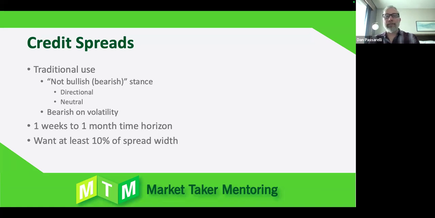A call credit spread is when I have a not bullish stance. So I don't need the stock to go down. Stock can go down. It can stay where it is. It could even go up a little bit, and I make money. Therefore, it's a high probability trade when set up as an out of the money spread, which is almost always how we set up credit spreads, either at or out of the money.